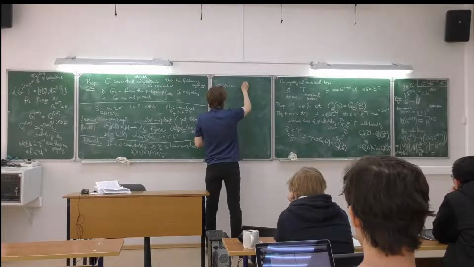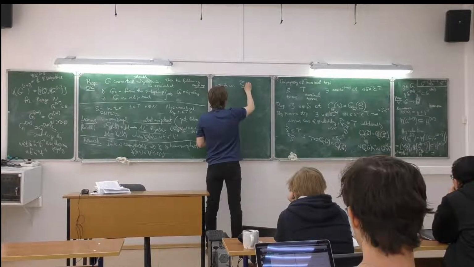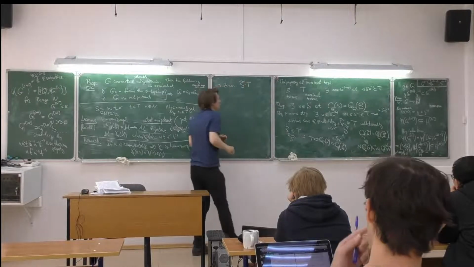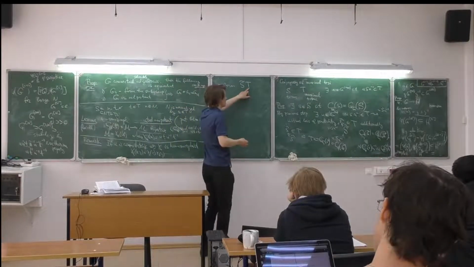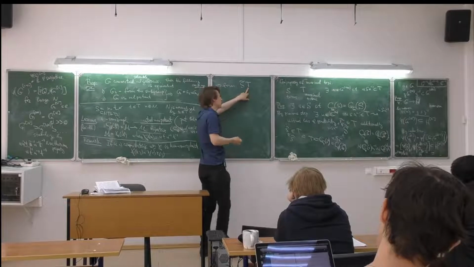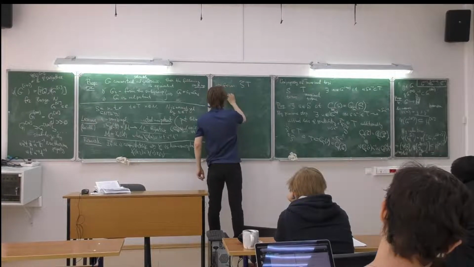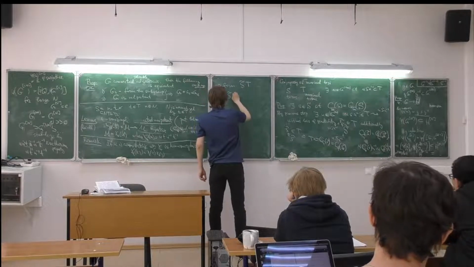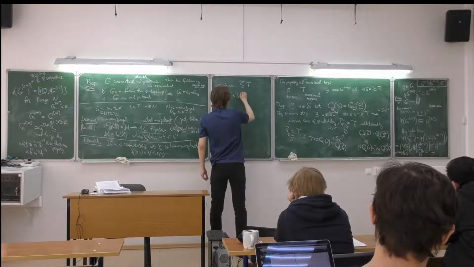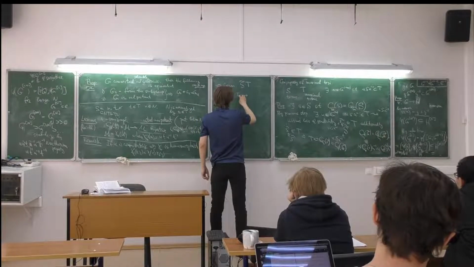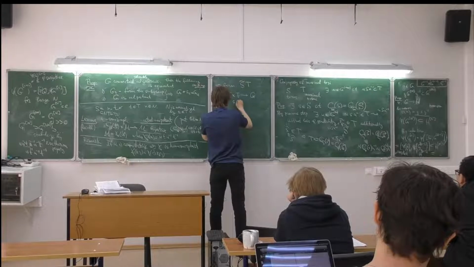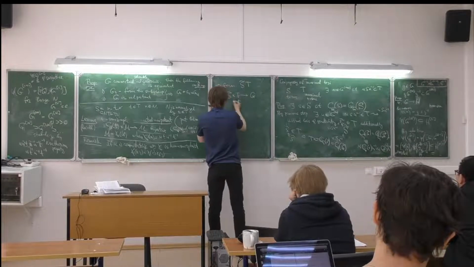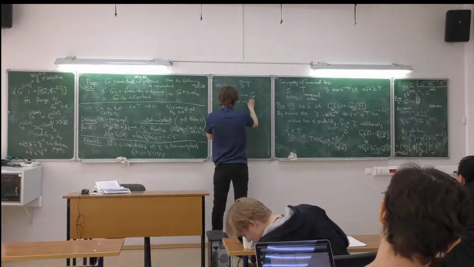Since they commute, we have a group homomorphism from the product to your group G, mapping a pair of elements to st.